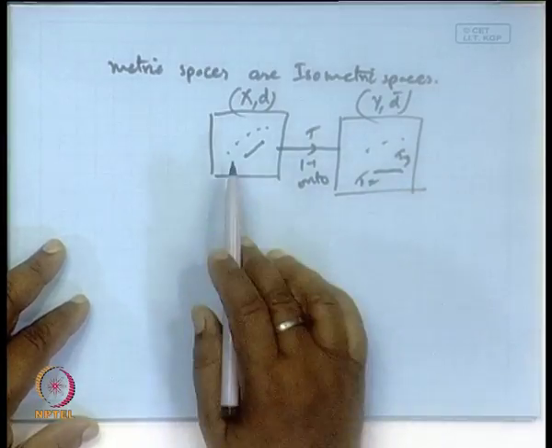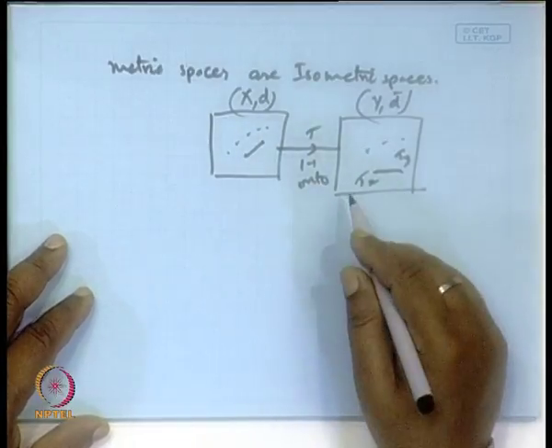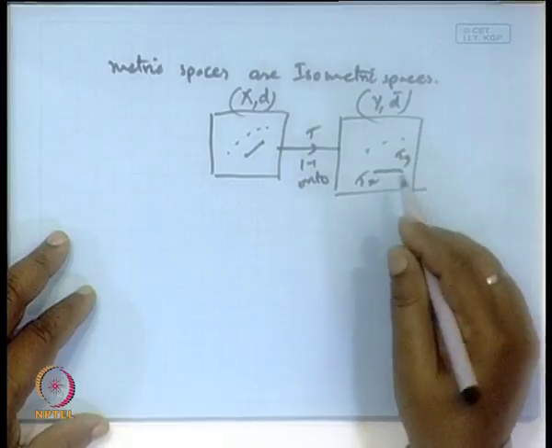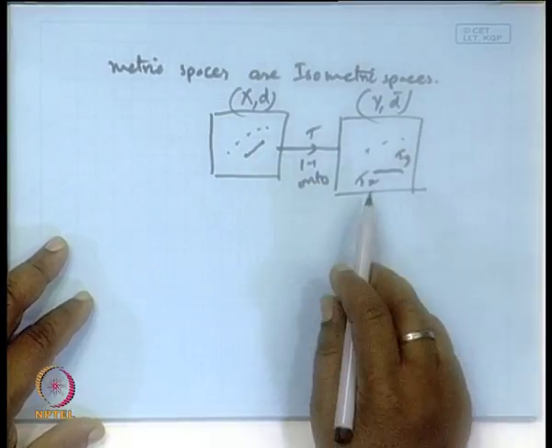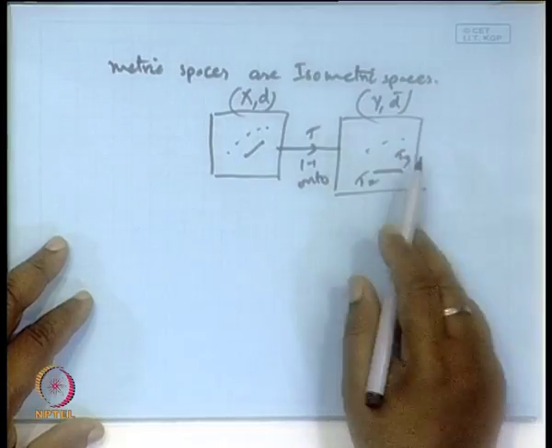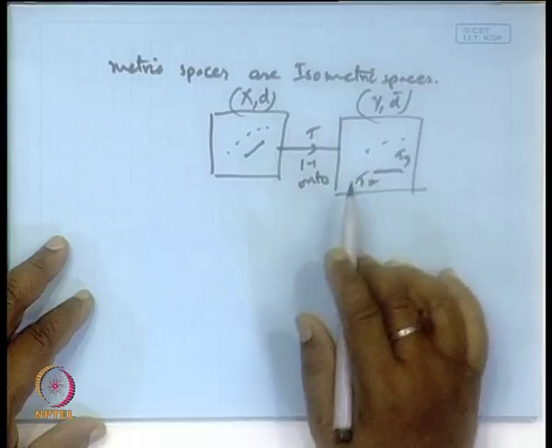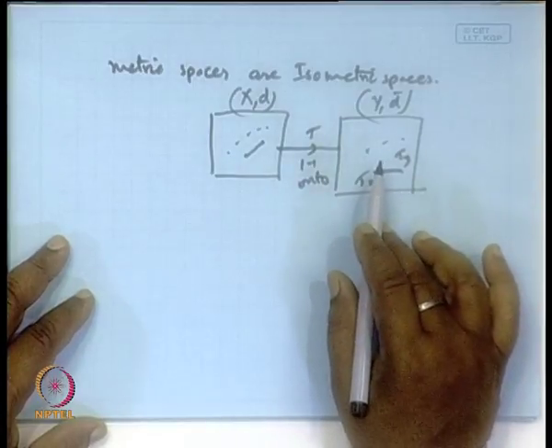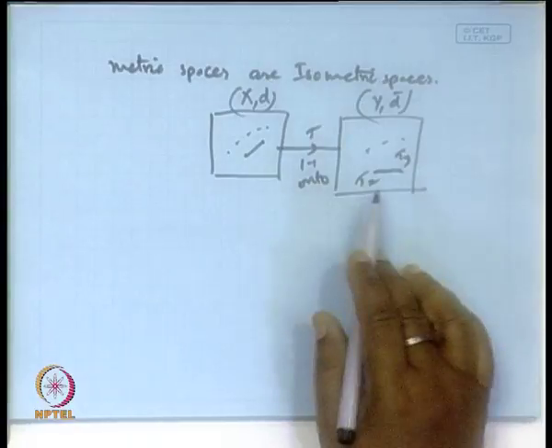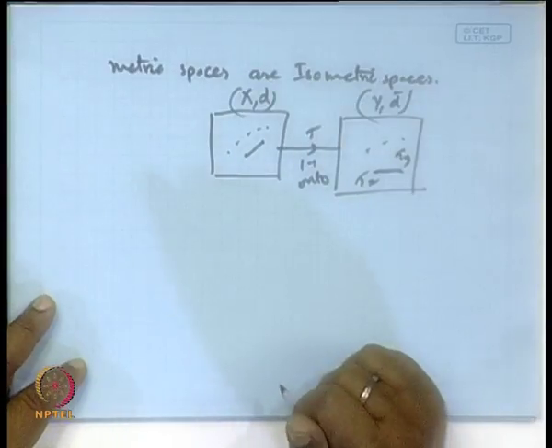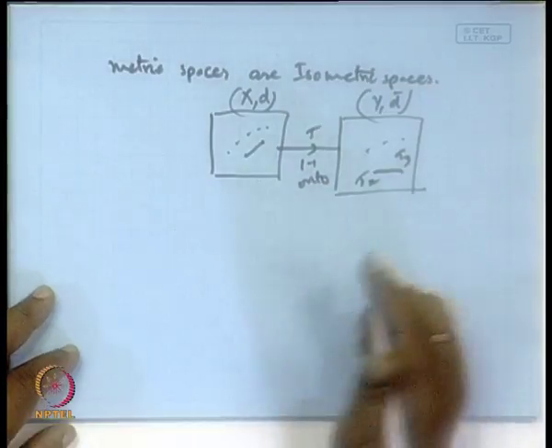So, whatever properties regarding convergence, Cauchyness, etc. involve the metric concepts will remain the same. They are basically considered a carbon copy of each other; though the points are different, so far as metric properties are concerned, they behave more or less the same. So, this is one advantage of this.